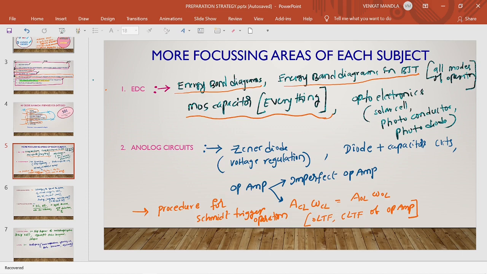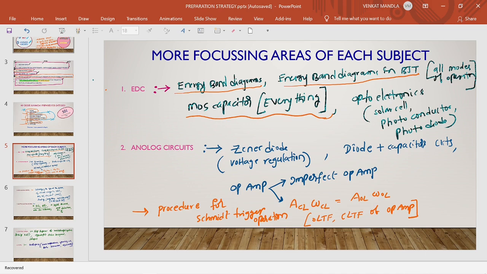You cannot skip anything in the MOS capacitor, because nowadays at least two questions are coming from it, one for 2 marks and one for 1 mark. So at least three questions we are getting every year from the MOS capacitor. You cannot neglect it.